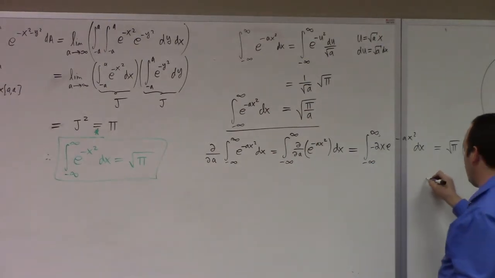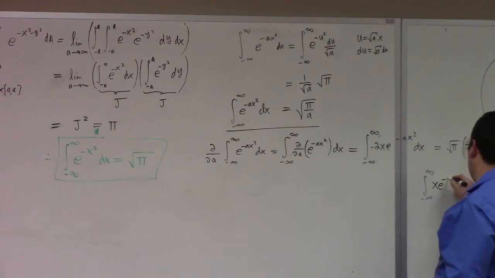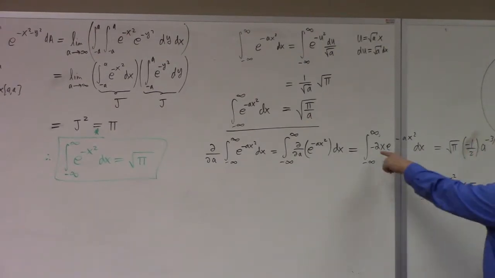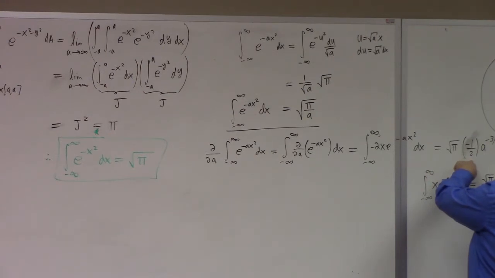Let me clean this up a bit. We have the integral from minus infinity to infinity of x e to the minus ax squared dx is equal to that, 2 divided to the other side gives me square root of pi over 4, a to the minus 3/2, I'll just write it like that, but there you go.